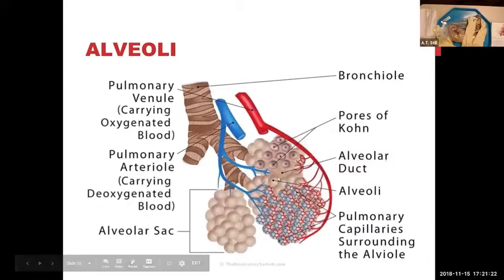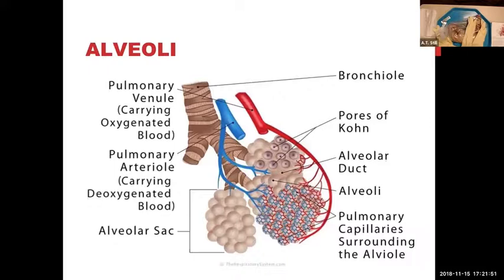Okay, so if we follow the trachea where it splits into the bronchi and it keeps splitting, it's going to go all the way down to these little tiny structures called alveoli. And this is where the actual gas exchange happens, where the oxygen from the air gets transferred into the blood and the carbon dioxide from the blood gets transferred into the lungs to be breathed out with the air that we are breathing out.